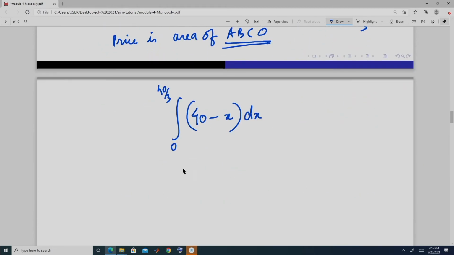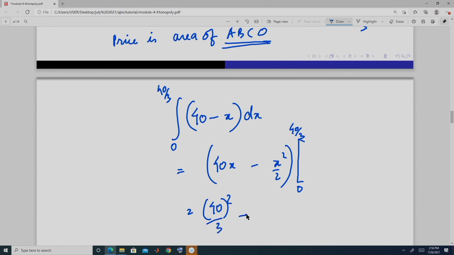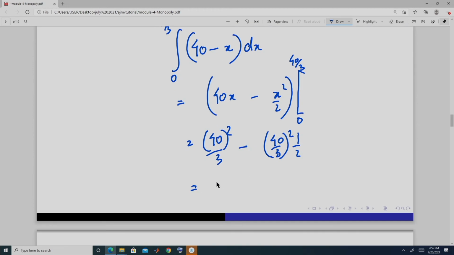And this is going to be this much amount.